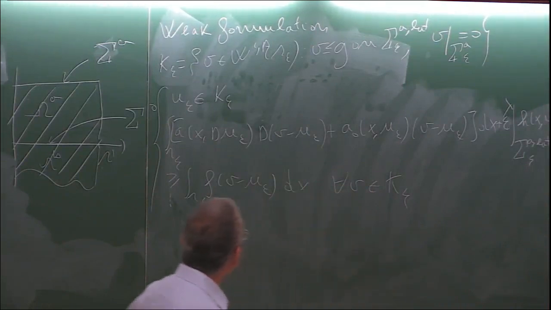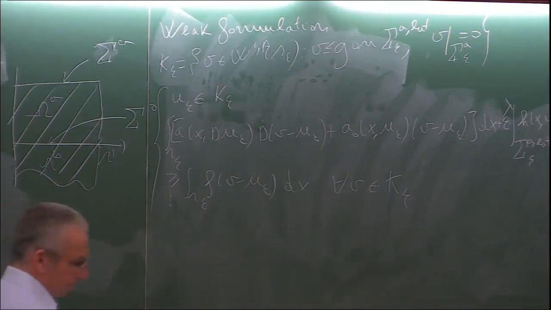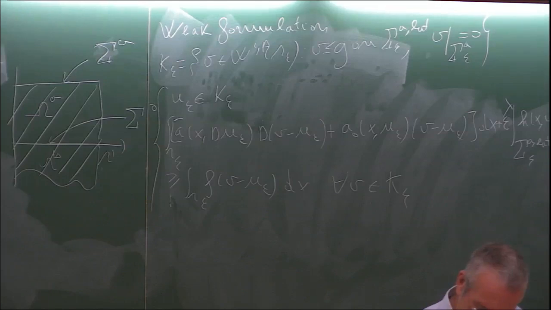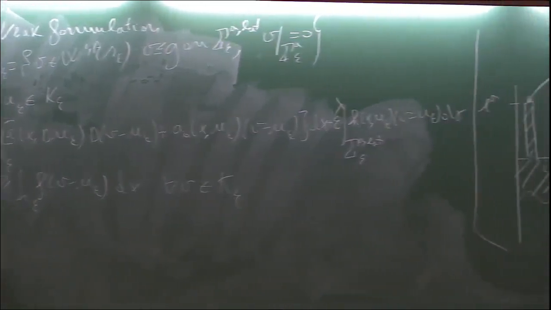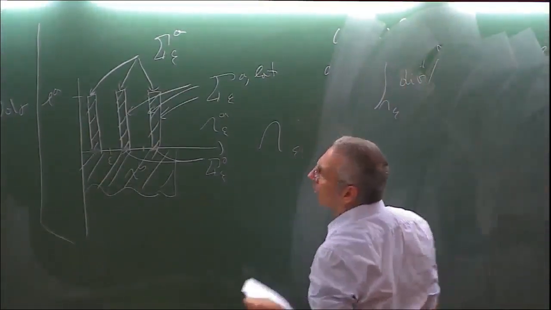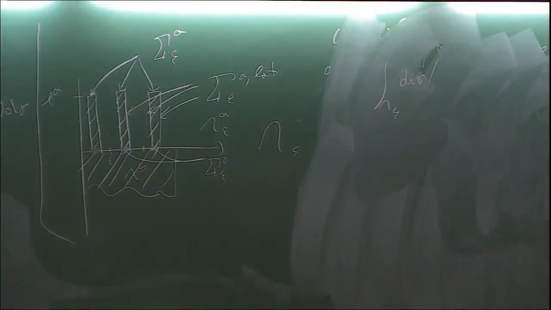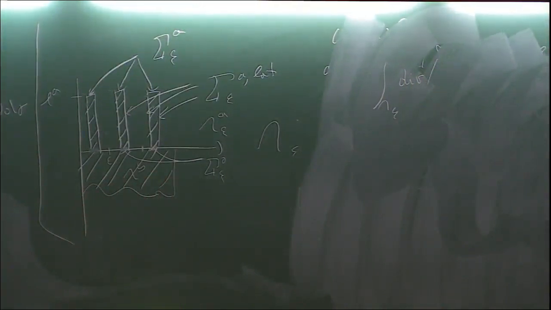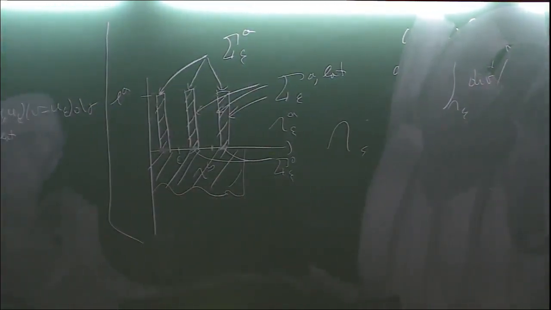Let us choose in our problem as a test function, multiply by u epsilon minus g. What do we do? We write like this. I write the divergence. Of course, let us assume that our problem admits a classical solution. Assume that all is regular, okay? That u is C2, A is regular, all is regular, such that our initial problem admits a regular solution.